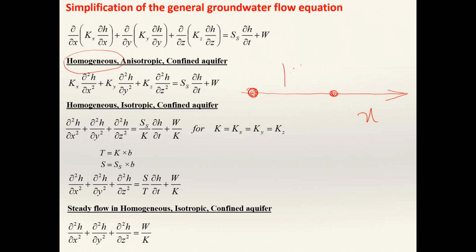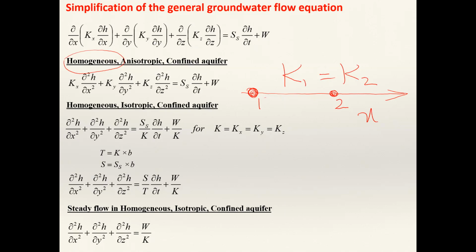Hydraulic conductivity K1 is equal to K2. This is point 1, this is point 2. So the hydraulic conductivity does not change along the principal directions. That is the homogeneous aquifer.